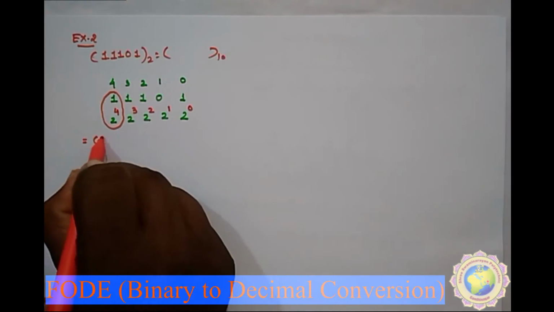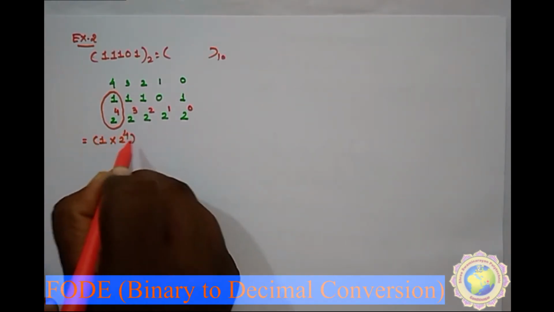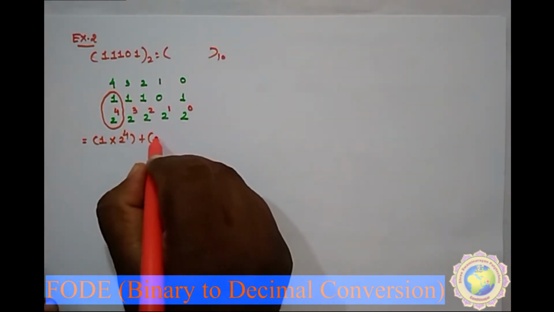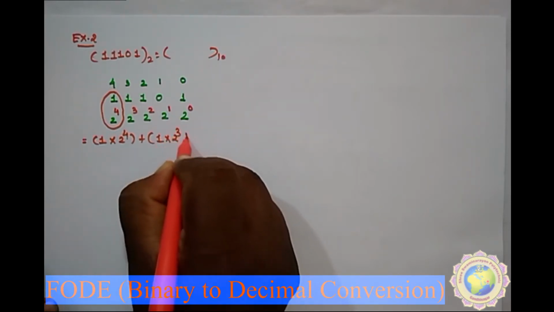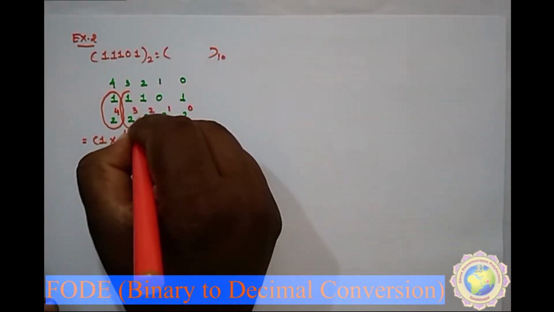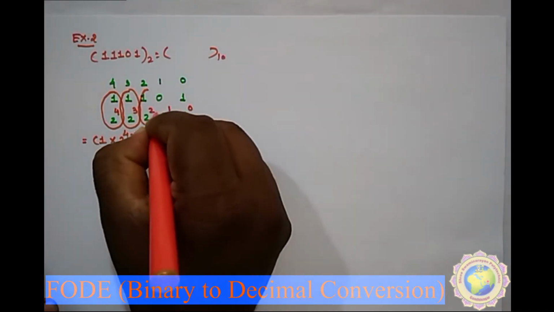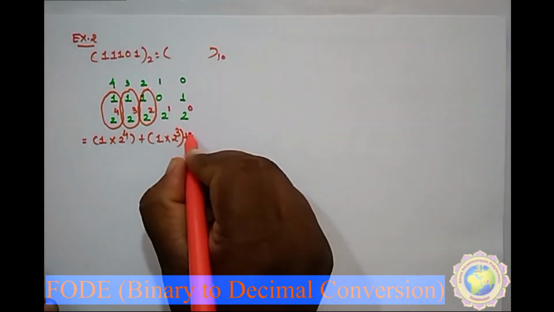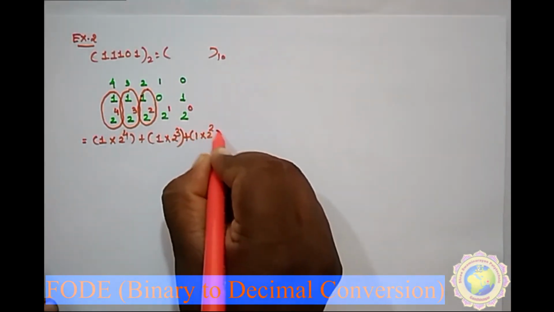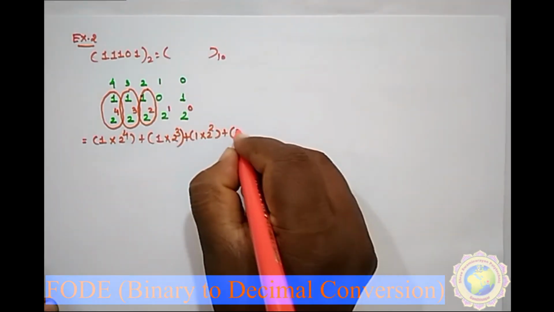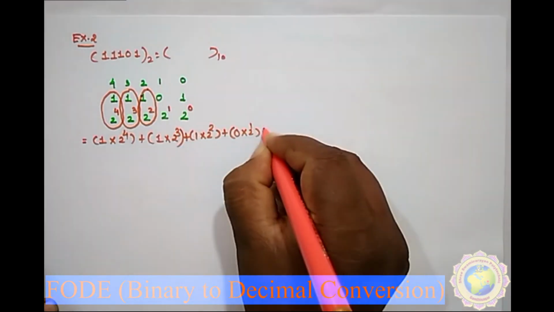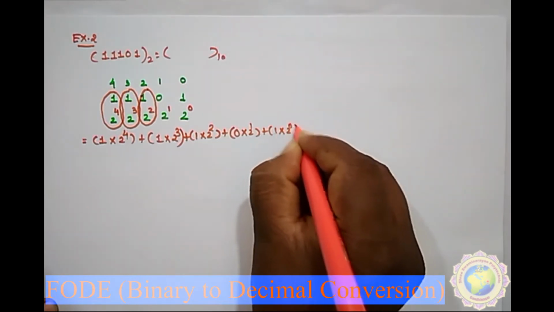So it's 1 into 2 raised to 4 plus 1 into 2 raised to 3. Multiply these two again. Then multiply next 1 into 2 raised to 2 plus 0 into 2 raised to 1 plus 1 into 2 raised to 0.